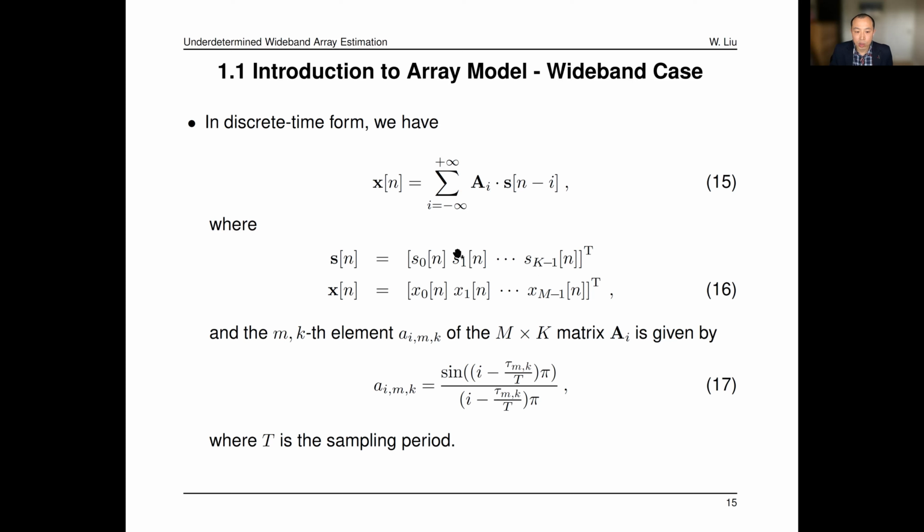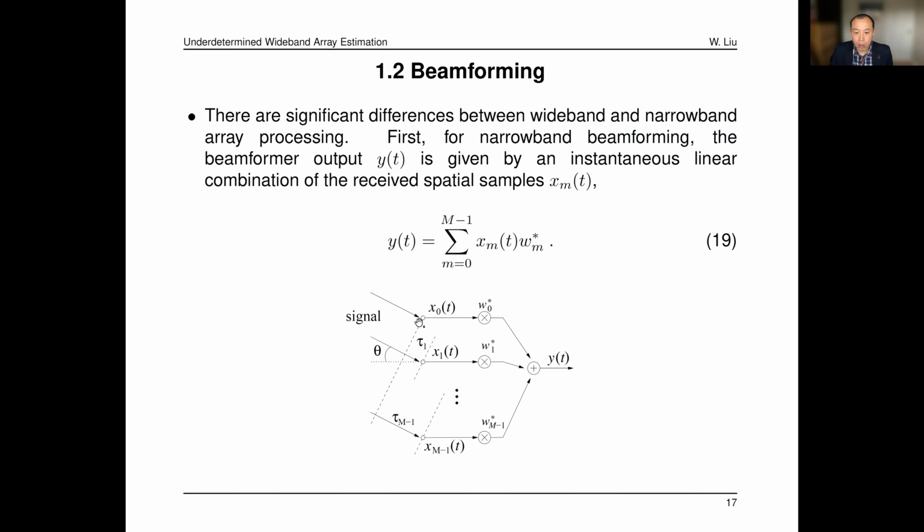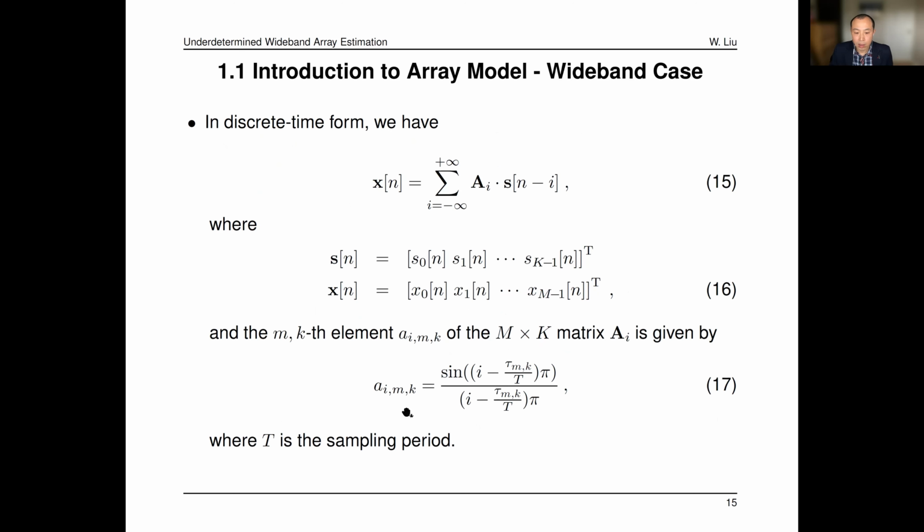The matrix A_i is not a steering matrix. It is an M by K matrix, and its element at the (m, k) position is given by this. It's a sinc function basically. This delay can be represented by this sinc function in the discrete form, and T is the sampling period.